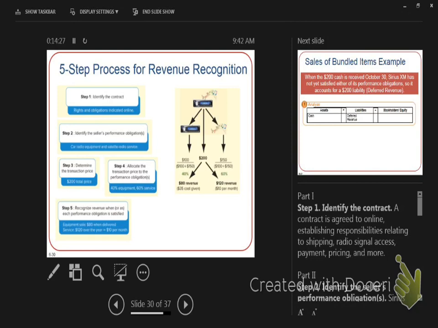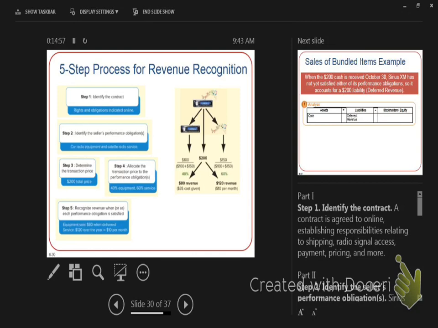Well, how do we figure out how much goes to each one? You've got to figure it out proportionally. Well, how do we do that? Well, originally it was $250, but we gave it to them for $200. So what you do is you say $100 over $250 and $150 over $250. That was the original price. That means that this one is 40%, and that was originally 60% of the value.